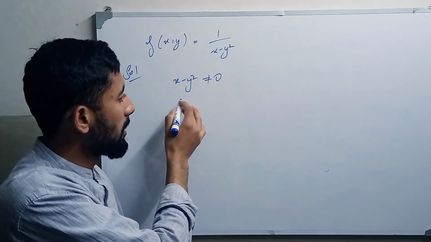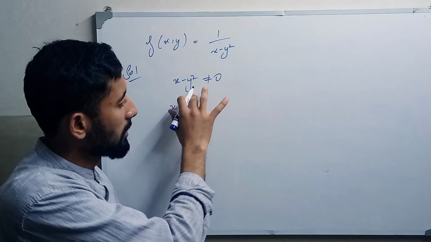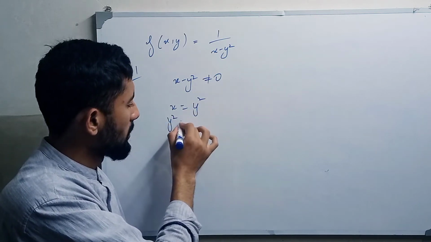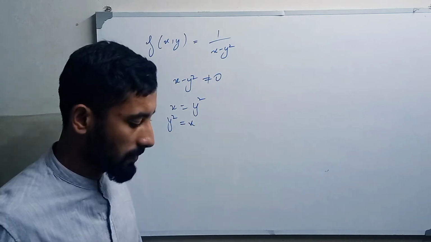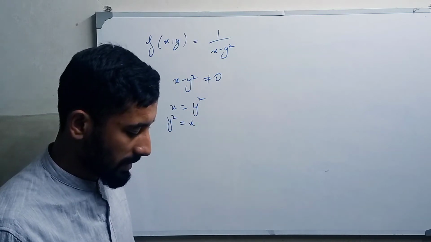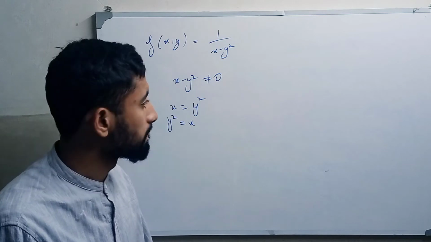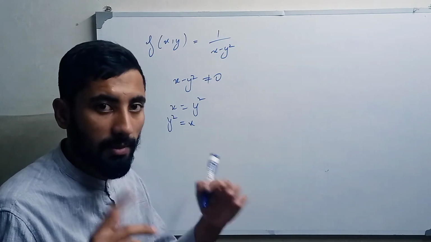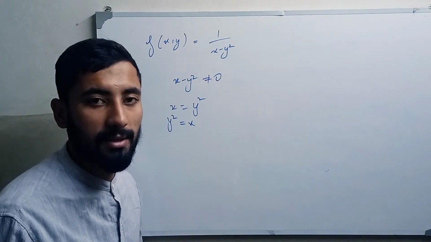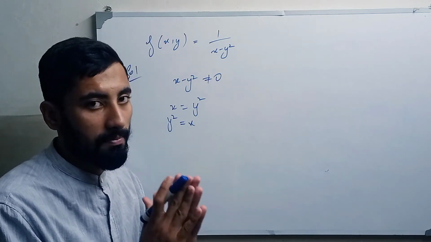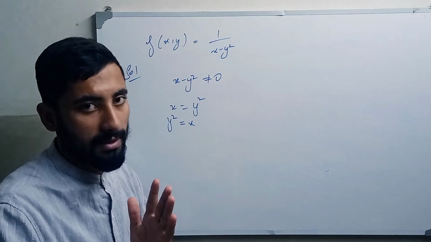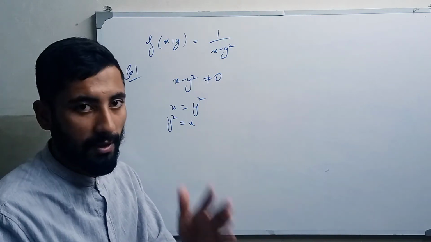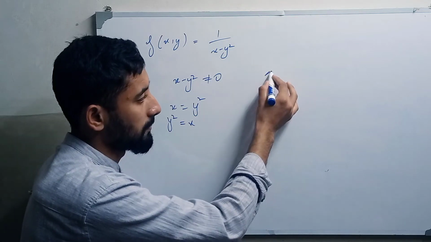Let's do some simplification. Y square goes to the right side, so x is greater than y square. So let's think about that. Imagine, what is this? This is a parabola to the right side, which opens on the right side of the xy plane, like this.